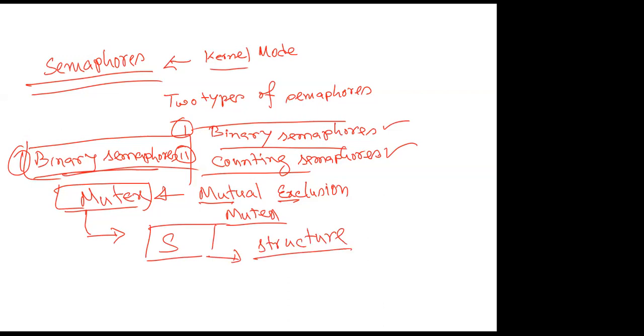It has two fields: one is the val field, and the other is the list field.